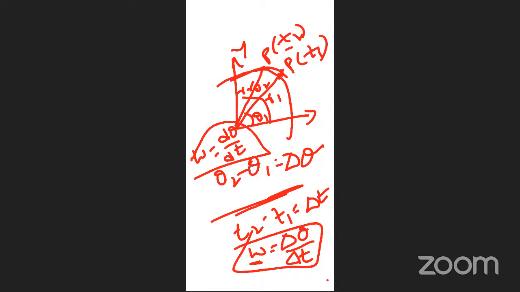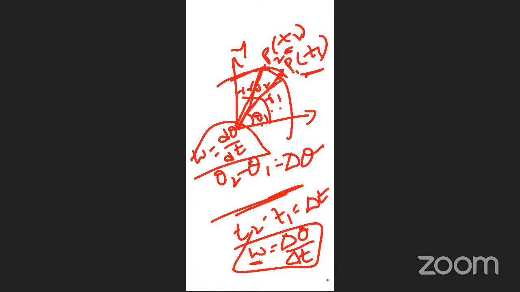Let the body rotate at time t1, with the particle at P of t1, while at time t2 the particle is at P of t2. The angular positions are theta 1 and theta 2, with position vectors r1 and r2.